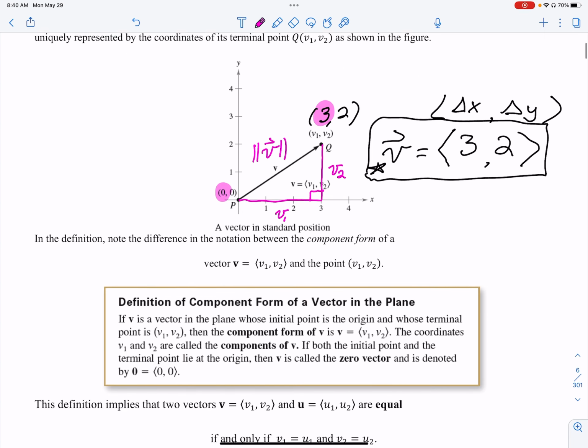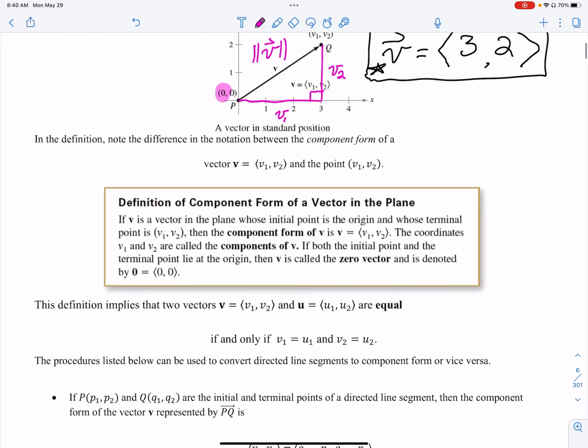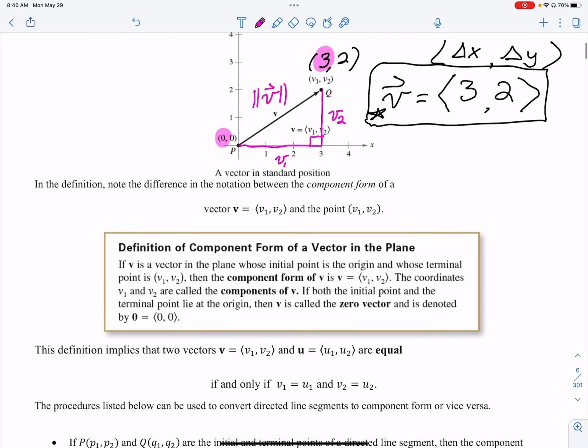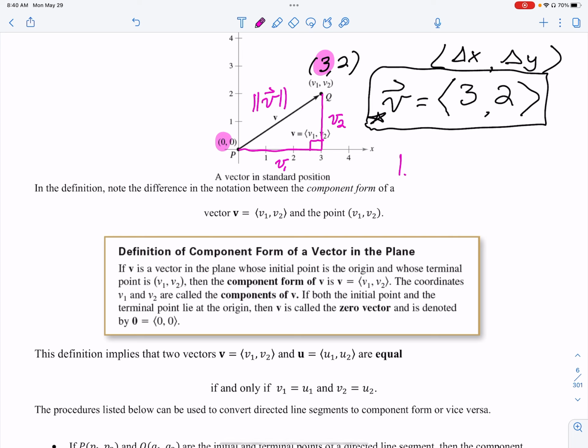It's all written below. It's going to be the Pythagorean theorem, v1 squared plus v2 squared, and then I take the square root. So this is how we find our magnitude.